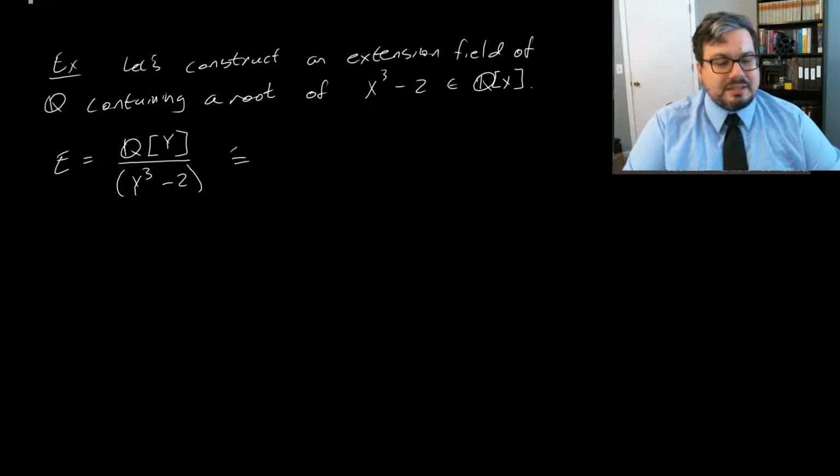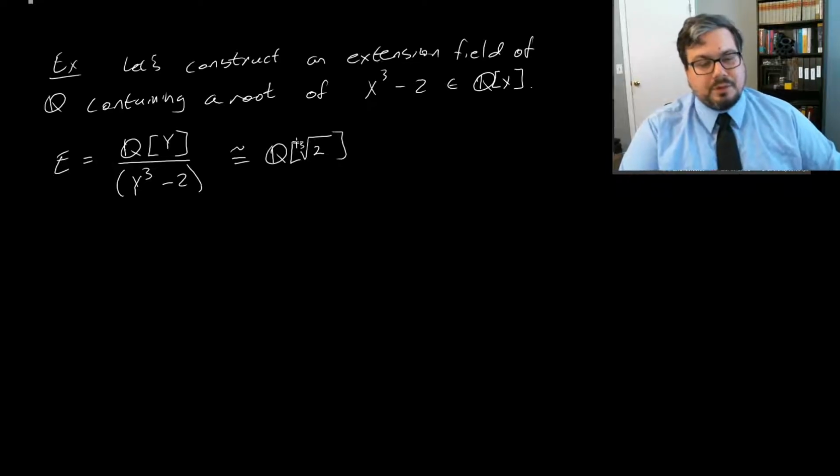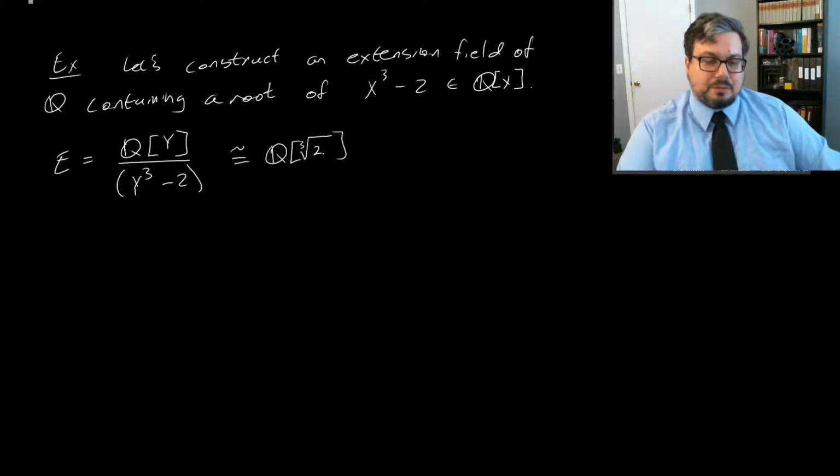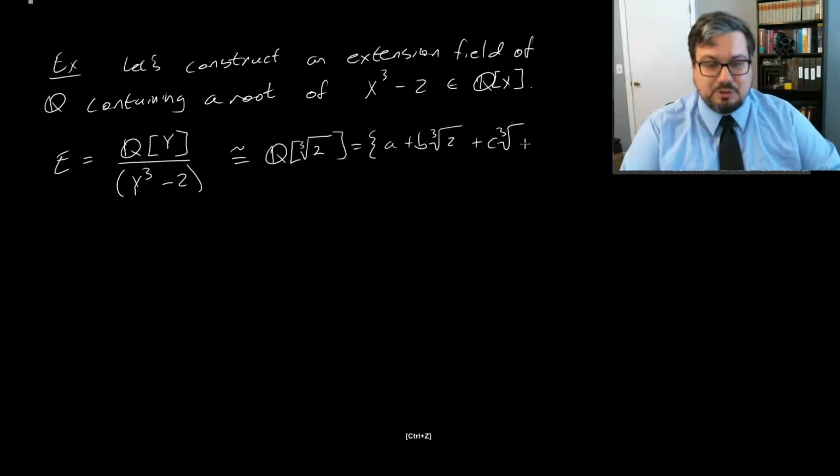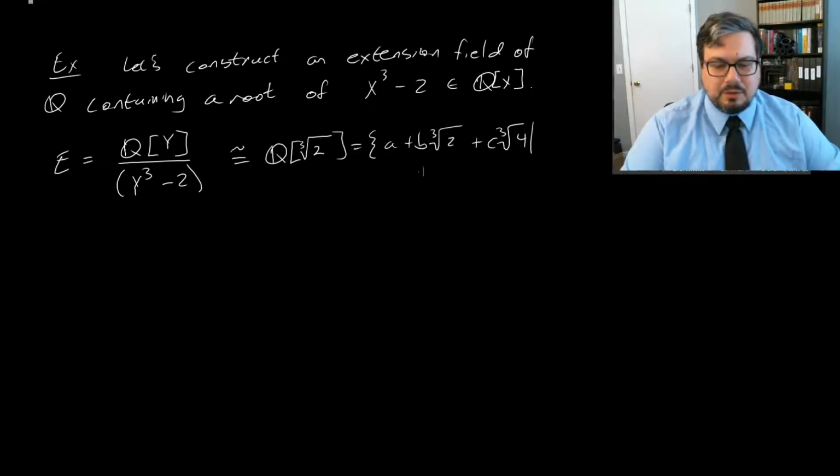Now, it turns out that this is isomorphic as rings to the field Q adjoin the cube root of 2, which can be written as a plus b times the cube root of 2 plus c times the cube root of 4, where a, b, and c come from Q.